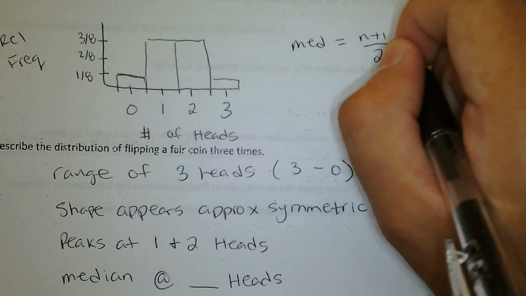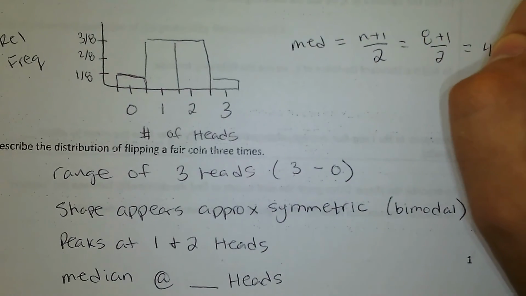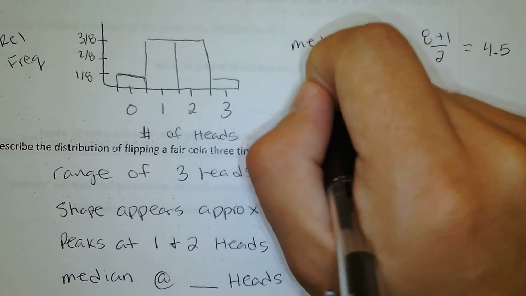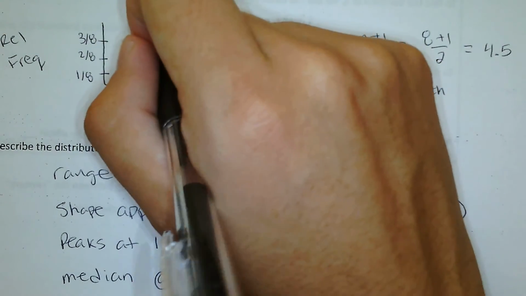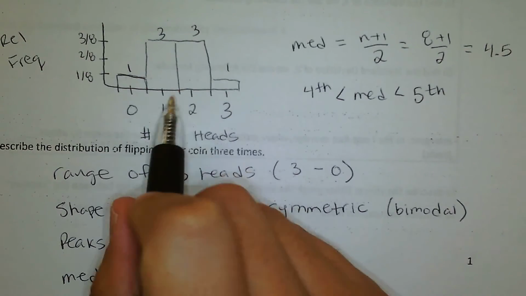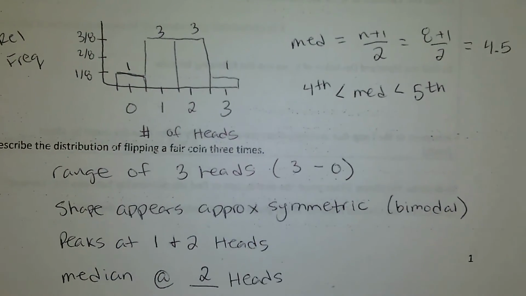And here we have 8 observations. And so that'll give us 4.5. So the median occurs between the 4th and 5th observation. So we go, this is the first, the third, 3, 1. So since it happens between the 4th and the 5th, the median would be here at 2 heads.